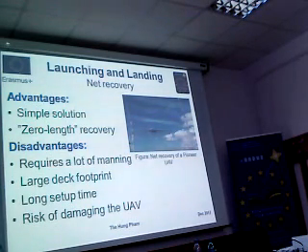We need a large test footprint for this net, and the time to set up this net is very long. And we have the risk of damaging the UAV, so it can damage the propellers or the wings.